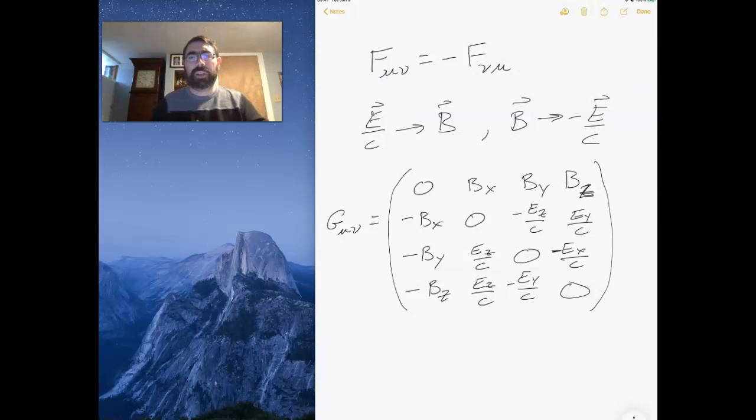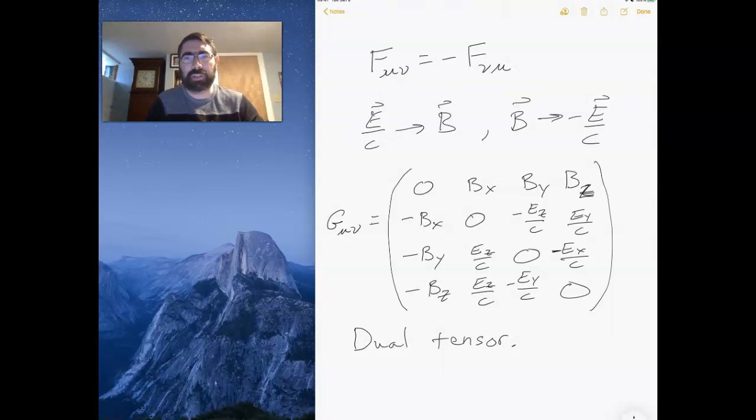Okay, so now we have a complementary rank 2 tensor, which we call the dual tensor, because it does kind of the same job as the field tensor F mu nu, except now it gives us basically the other set of equations. The F mu nu, you can think of giving us the equations for the electric field transformation.